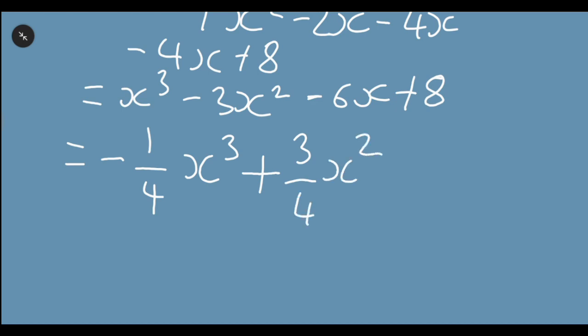And then we have 1 over 4 times 6, plus 3 over 2 x, and then 8 times minus 1 over 4, that's just equal to minus 2. Now this is a fully expanded form of the equation of y.